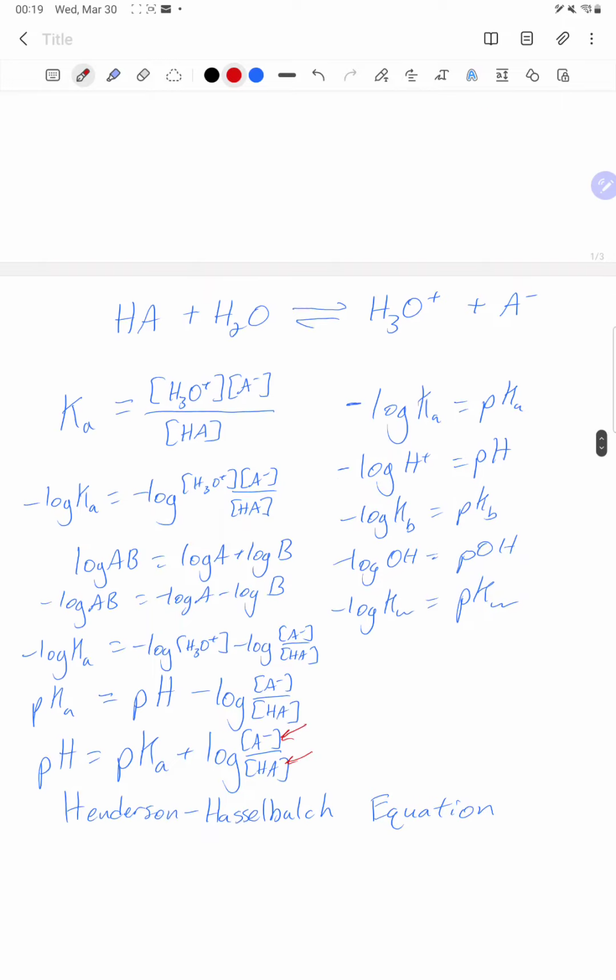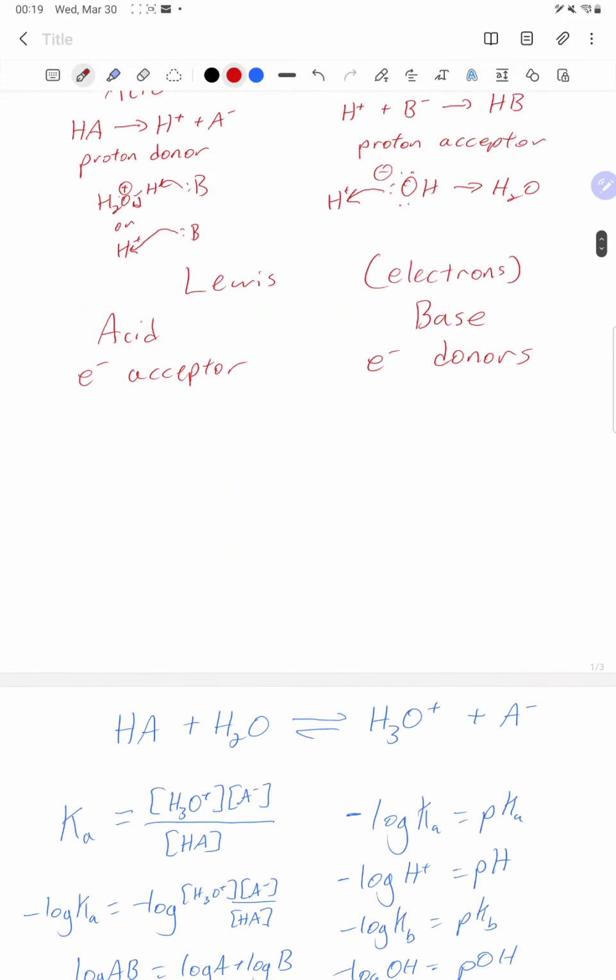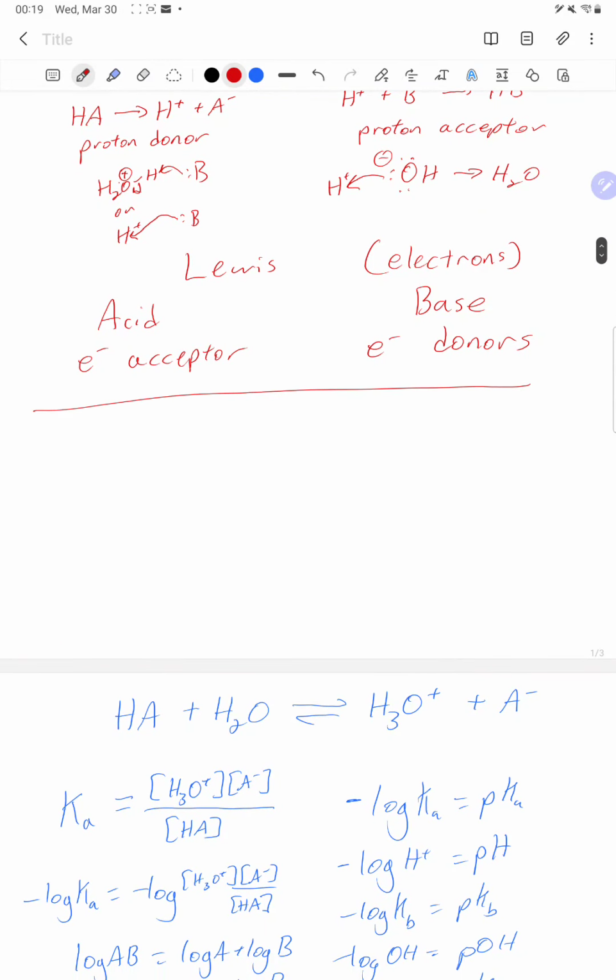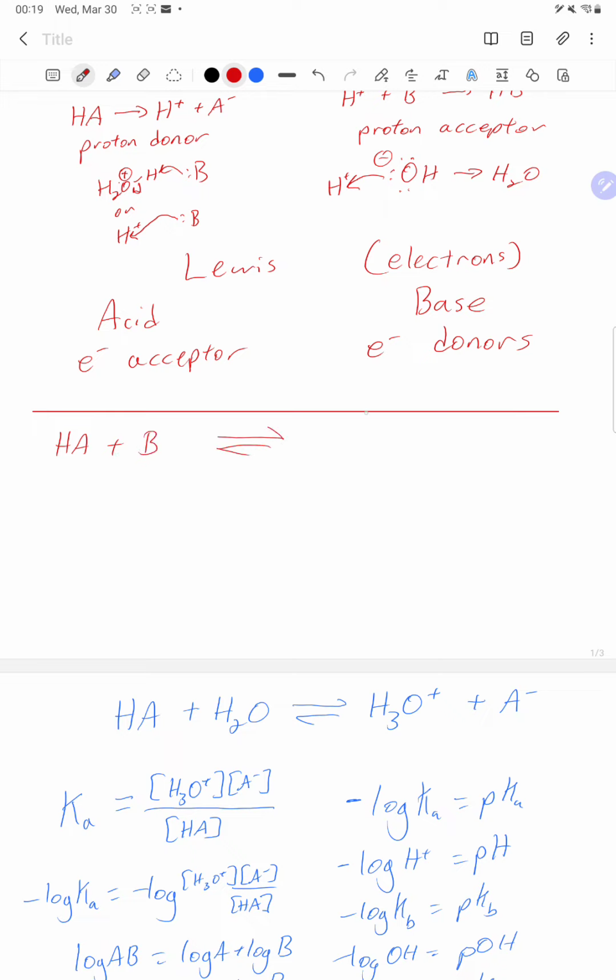Let's talk about that real quick, then we can come back. If you have a situation where you have, let's say, HA reacting with B to form A minus and HB plus, what can we call these? Focusing on the reactant side, this is an acid. It is going to be donating its proton. I wrote that as a plus, this should be a minus.